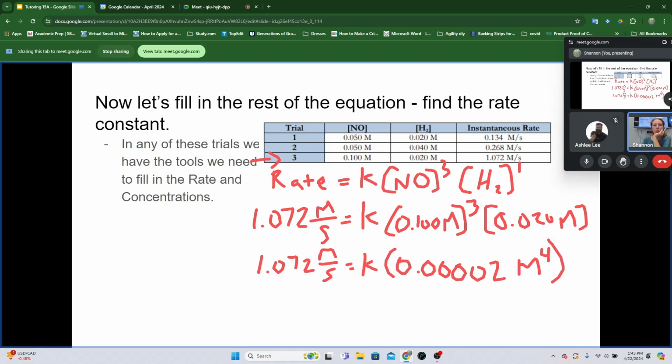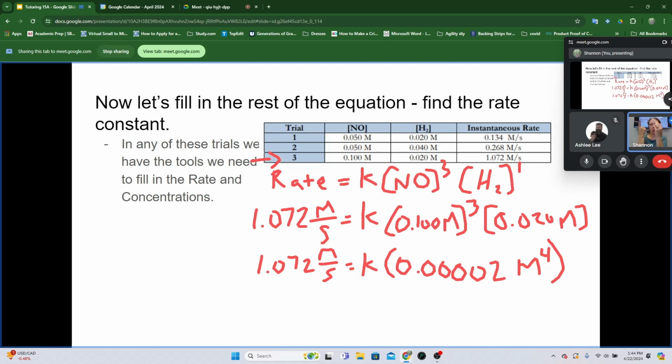When you multiply 0.1 times 0.1 times 0.1, you can use your exponent function in your calculator, but that's what you're doing. And then all of that times 0.02, you end up with 0.00002. And then don't forget the units of your molarity that you also multiplied.